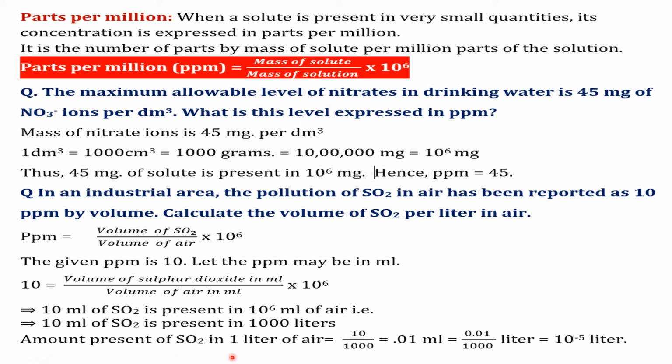Amount of SO2 present in 1 liter is 10 by 1000, which is equal to 0.1 ml. This is 0.01 by 1000 liter, which is equal to 10 power minus 5 liter. Therefore, the amount of SO2 present per liter is 10 power minus 5 liter.